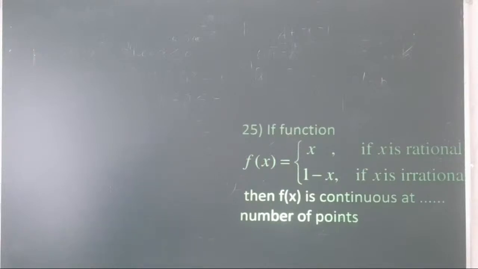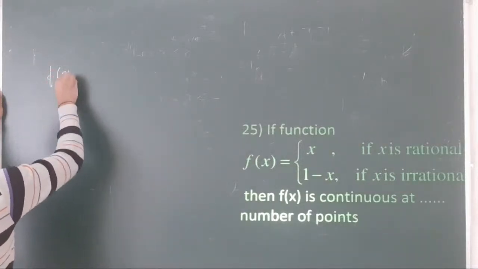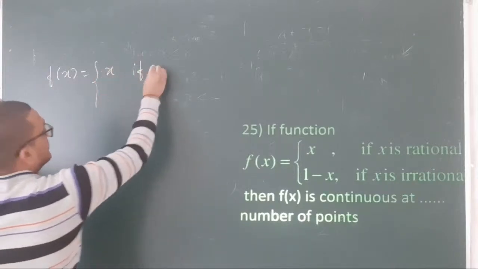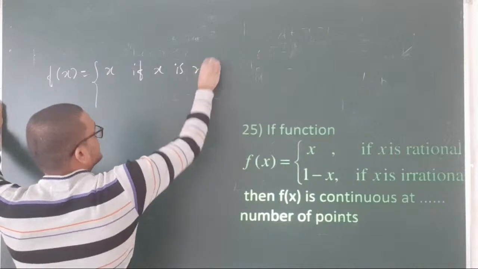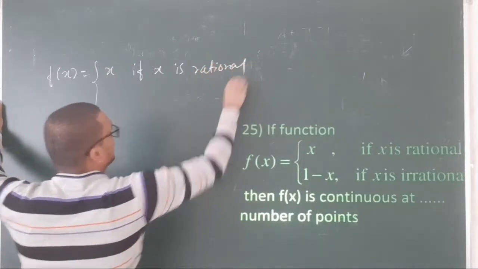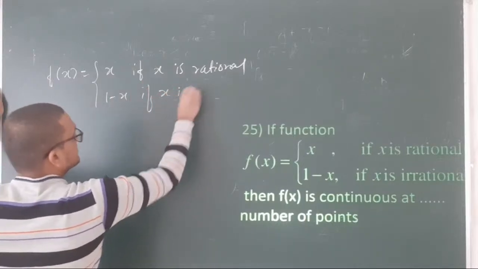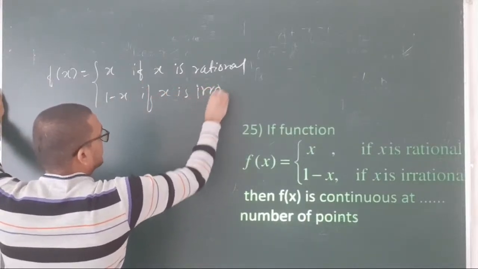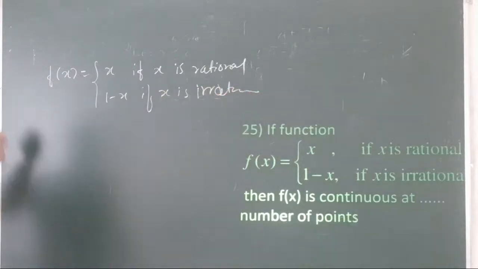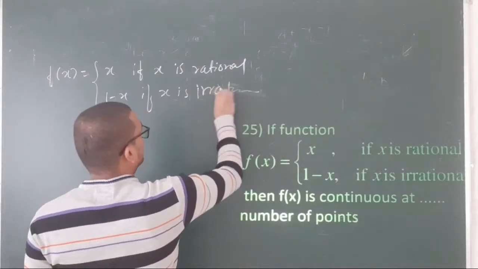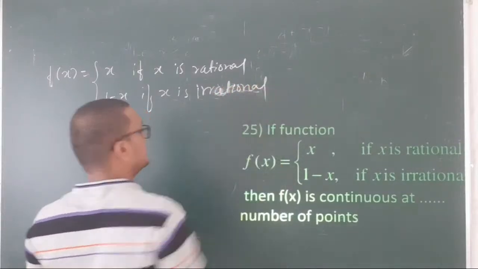Question number 25. This is the last one. What they have given: the function f of x is equal to x if x is rational, and 1 minus x if x is irrational.